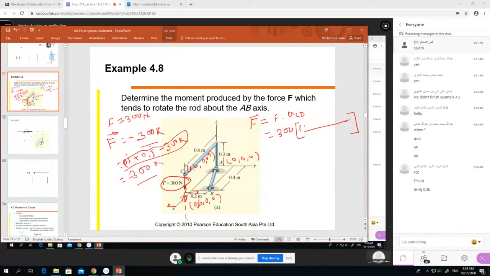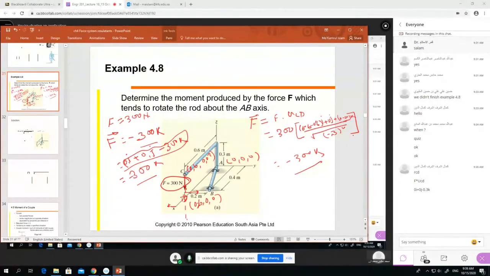So if you want to do that, you will have 0.6 minus 0.6 i, plus 0j, minus 0.3k, and here 0, and here 0 minus 0.3k squared. So finally you will find minus 300k.